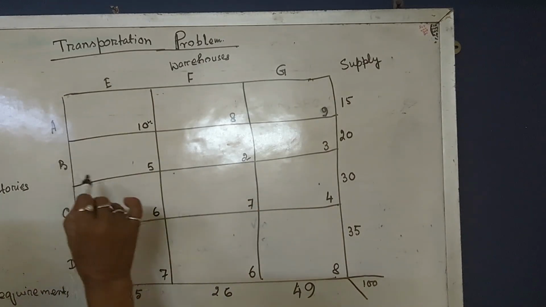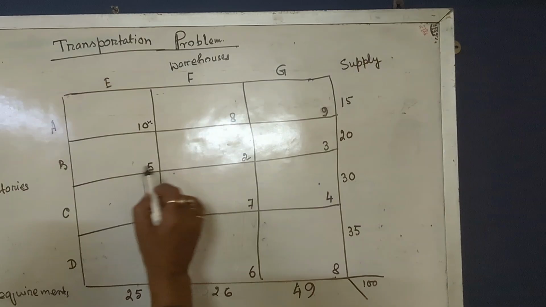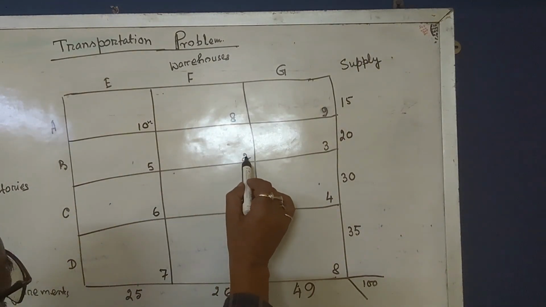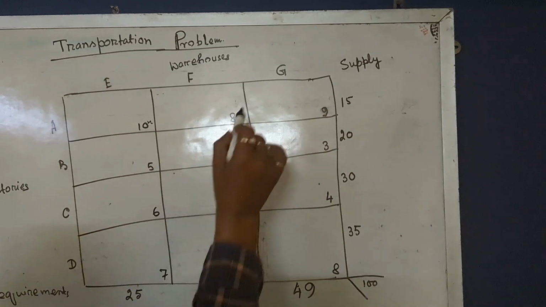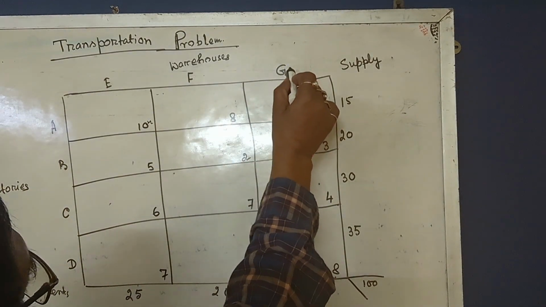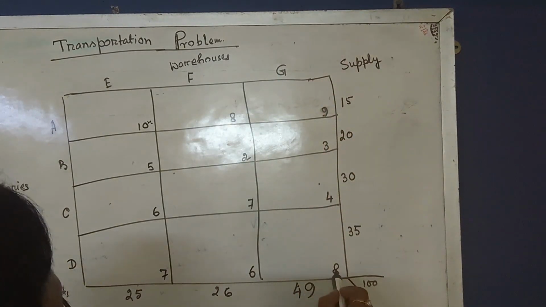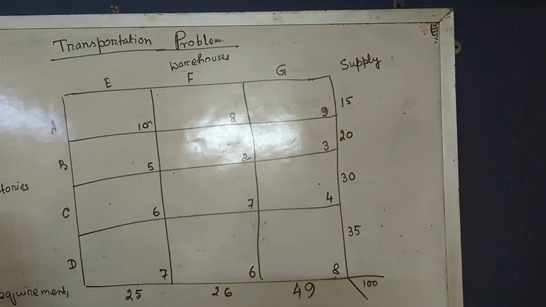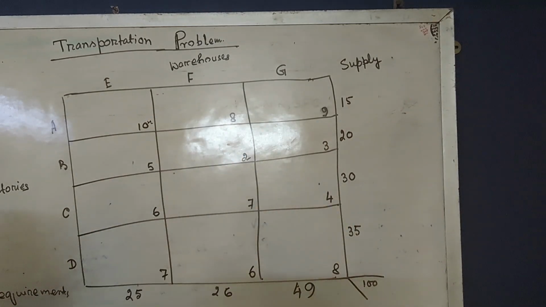Suppose from factory B, you are shipping the product to warehouse F, then the per unit shipping cost is rupees 2. In this way, say from factory D, you are shipping the product to the warehouse or marketplace G, then the per unit transportation cost is rupees 8. So in this way, the transportation costs are noted in the matrix.